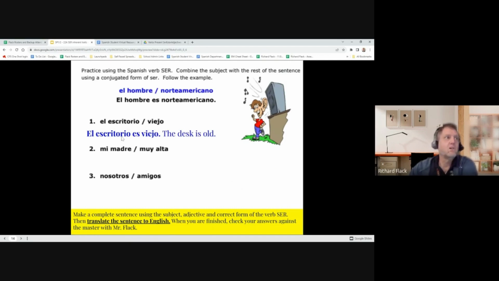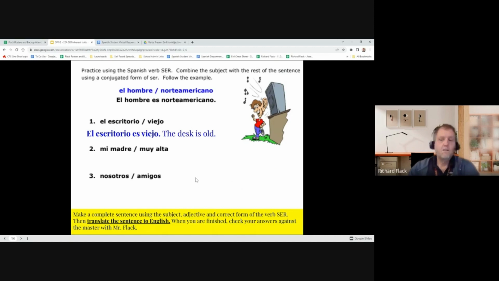El escritorio es viejo. The desk is old. So you're going to make a complete sentence using the subject, adjective, and correct form of the verb. And then I want you to translate the sentence to English. You might need to look up some of the vocabulary, and that is okay.